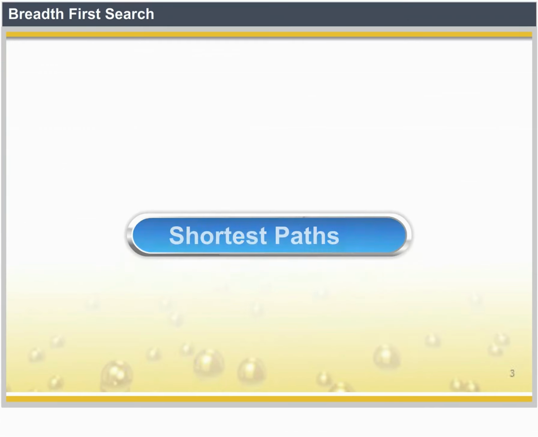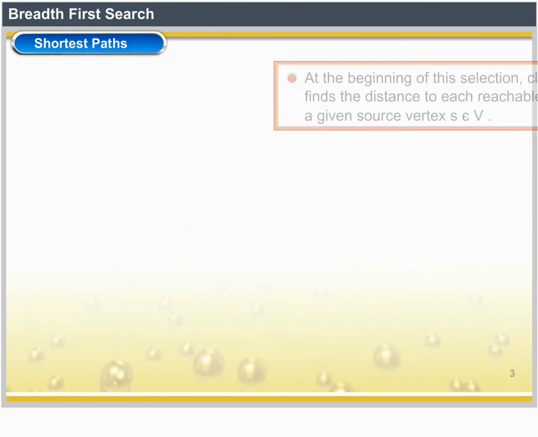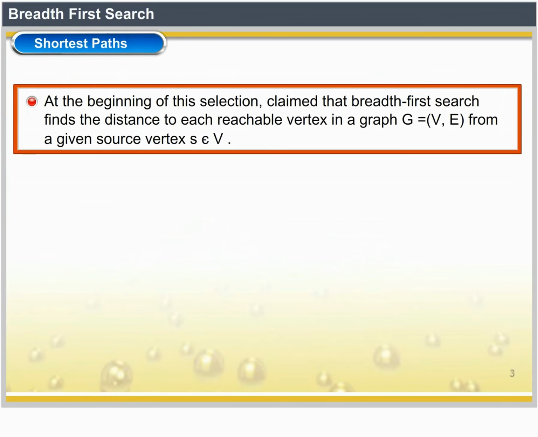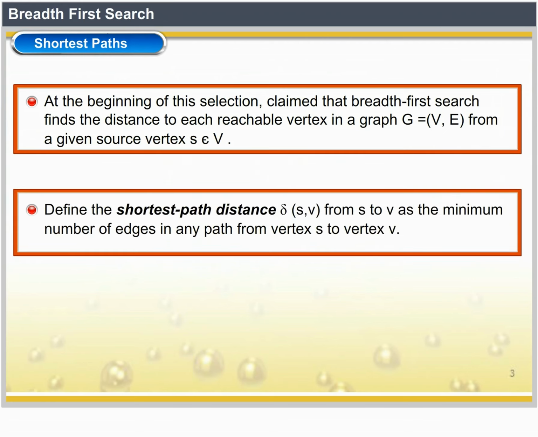Shortest paths. At the beginning of this section, we claimed that breadth first search finds the distance to each reachable vertex in a graph G = (V, E) from a given source vertex s in V. Define the shortest path distance δ(s, v) from s to v as the minimum number of edges in any path from vertex s to vertex v.